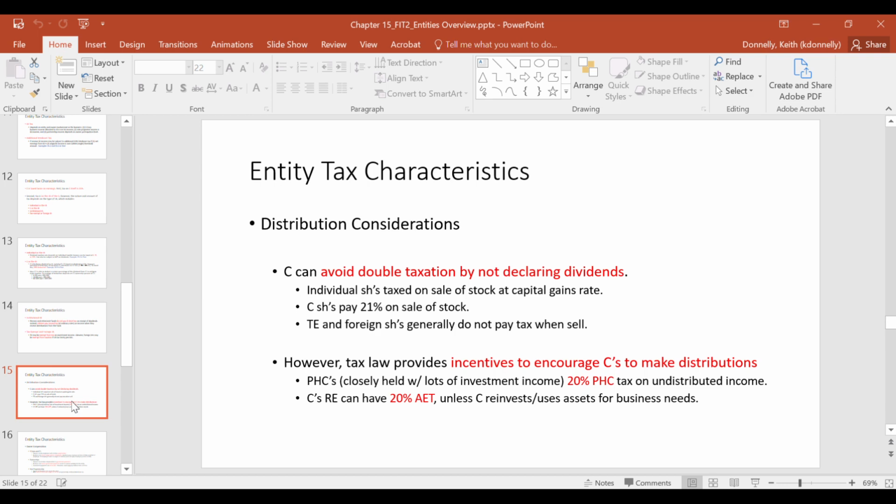So when we're talking about double taxation for corporations, one of the things somebody might say is, well, couldn't a corporation just keep the money in the business and not distribute it, and then there's not really that second layer of taxation?